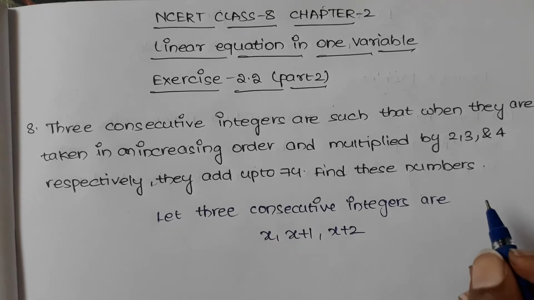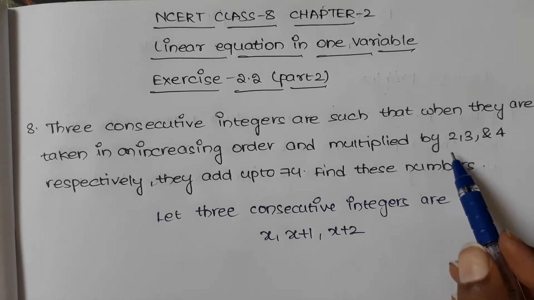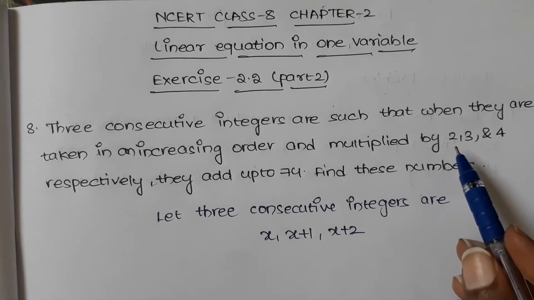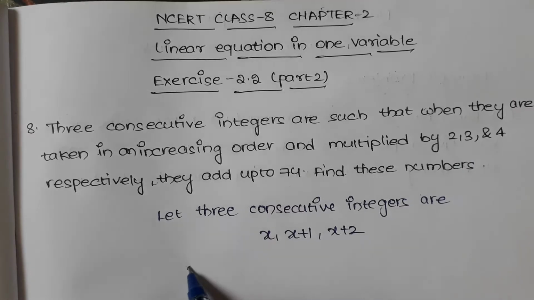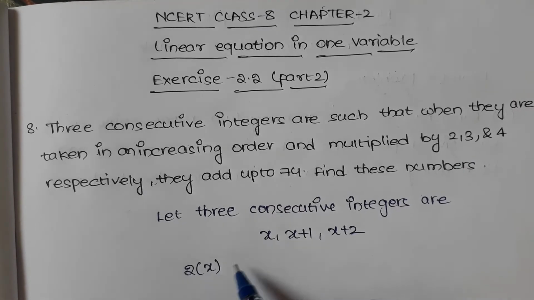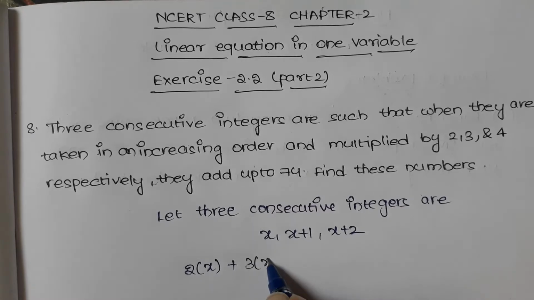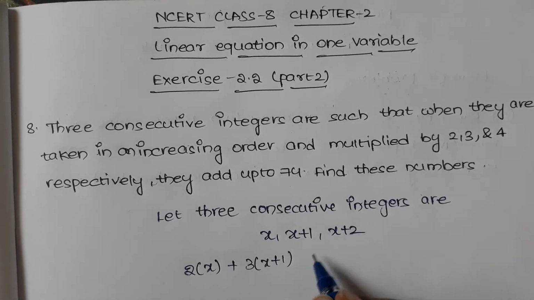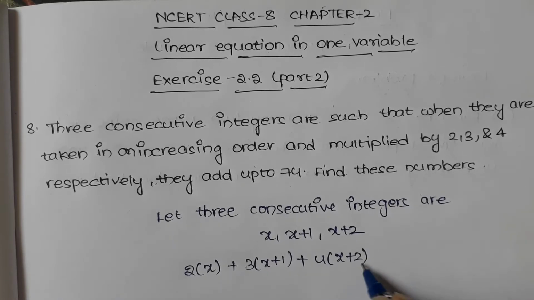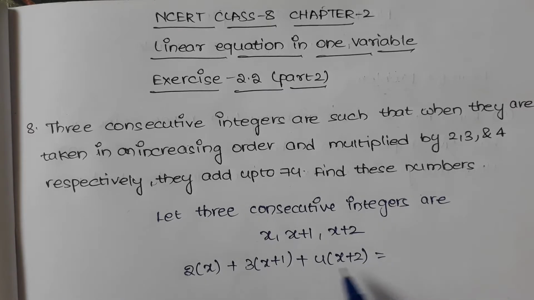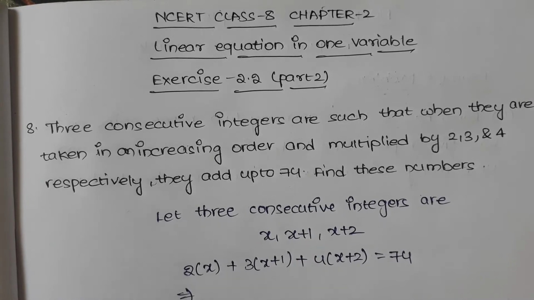Now according to the question, these integers are multiplied by 2, 3 and 4, and according to that, 2 into x plus 3 into x plus 1 plus 4 into x plus 2. When we add these three, the result is 74. Now let us solve this.